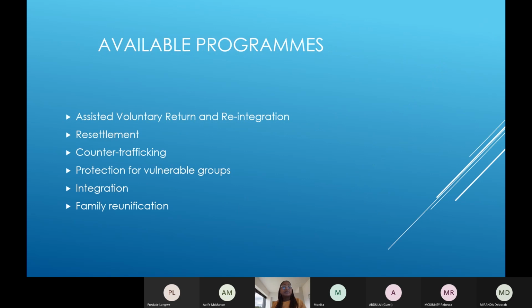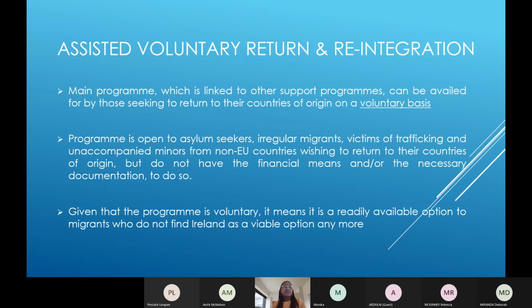In terms of the programs available within the organization, we have assisted voluntary return and reintegration, which is interlinked to today's session and which I'll talk about in depth in a few minutes. We also have the resettlement program, counter trafficking, protection for vulnerable groups, integration, and family reunification. So assisted voluntary return and reintegration is the main program which is linked to other support programs.